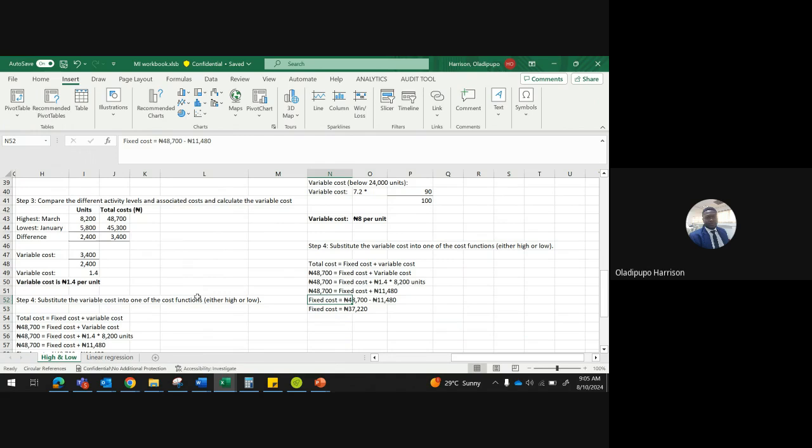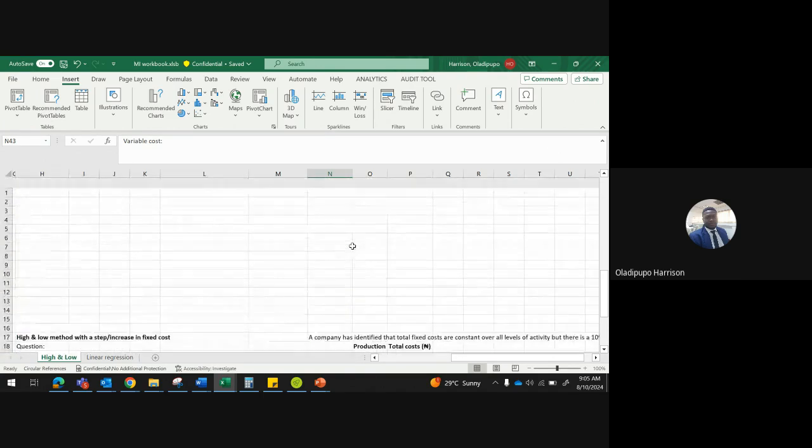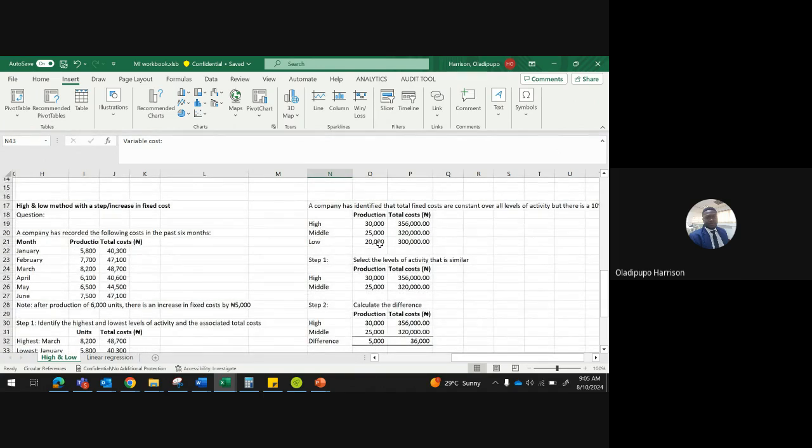So there are two ways you can do this. Either one. If you are going to be using 8 naira per unit, remember that this is for items that are below 24,000 units. So if you're using 8 naira per unit, we are going to use this level of activity.